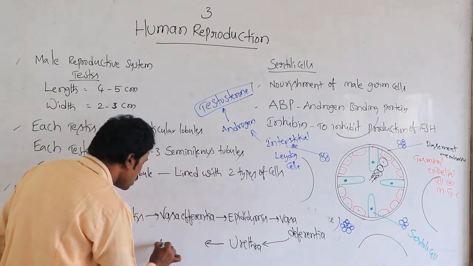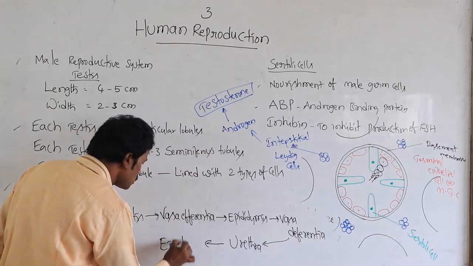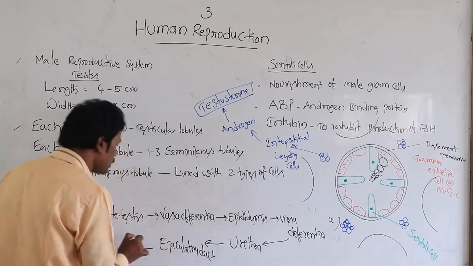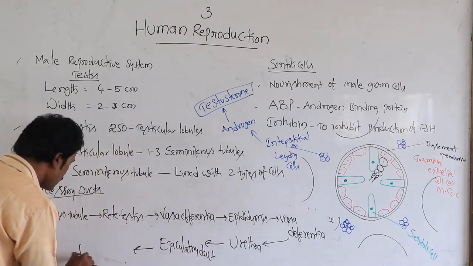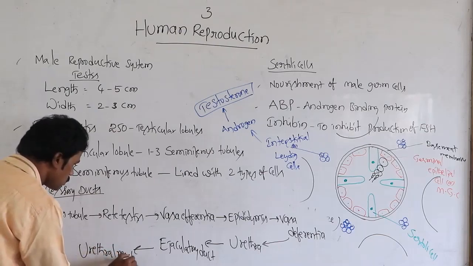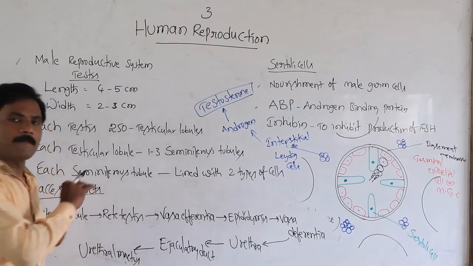Urethra to ejaculatory duct. Ejaculatory duct to urethral meatus. That is the passage.